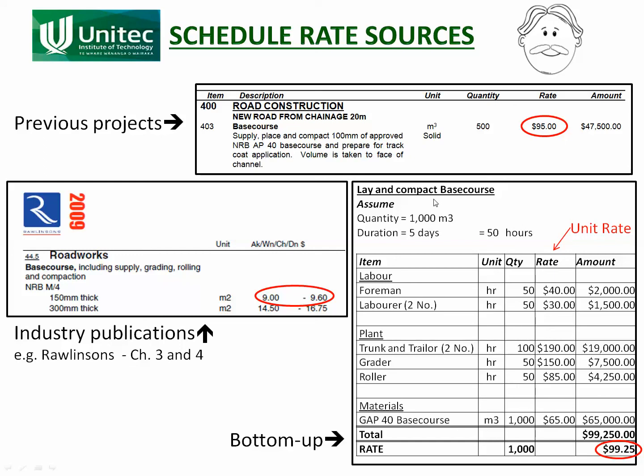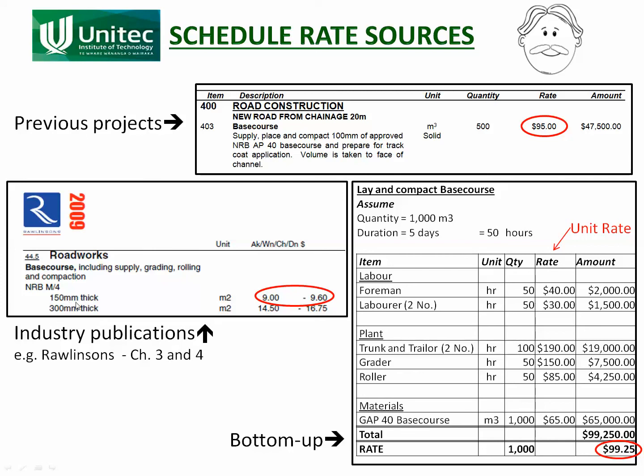If you do not have the experience to do first principles, or you do not have previous project information, the third best option is to use what's called industry publications, and the one that we use is Rawlinson's. Rawlinson's is a book put out by Rawlinson's quantity surveyors. Every year these guys go through and they price up different types of work. So in this case they've said laying base course on a road 150 mils thick in Auckland, it's going to cost you between $9 and $9.60 per square meter.